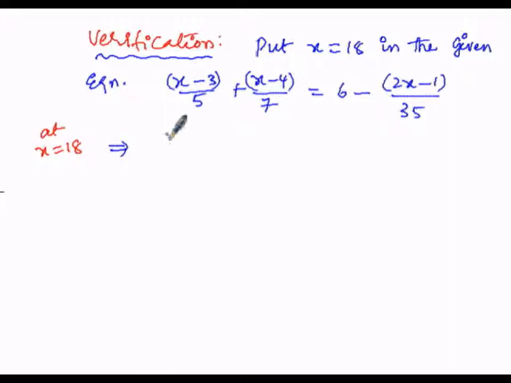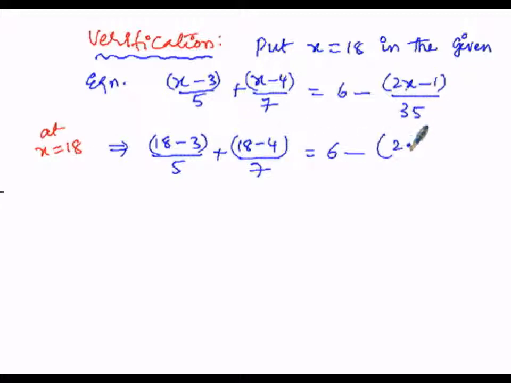So 18 minus 3 overall divided by 5 plus 18 minus 4 overall divided by 7, that is equals to 6 minus of 2 into 18 minus 1 overall divided by 35.